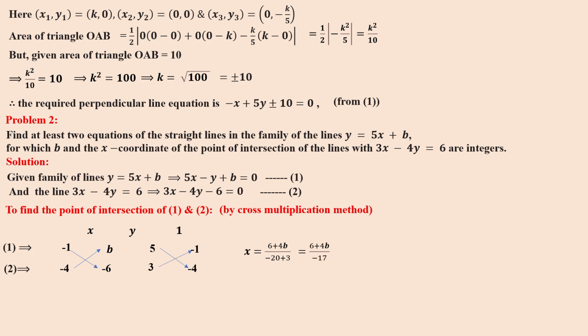So x = (6 + 4b) / (-17). Similarly y = (3b + 30) / (-17).